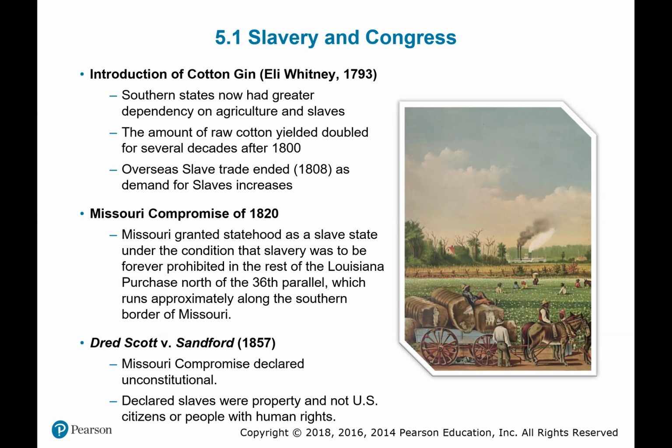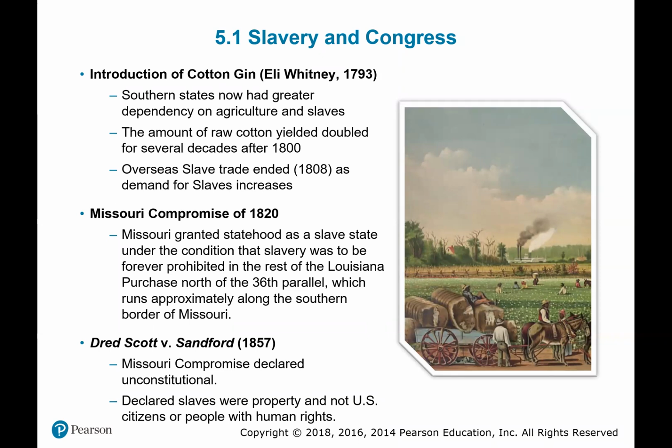There is a desire to keep this balance between the North and South from getting lopsided to one side or the other. And with the formation of the state of Missouri, you had the issue of whether it would be a slave state or a free state. Right at this point, there was an even number of free and slave states.